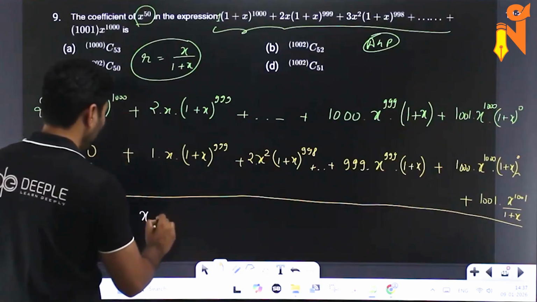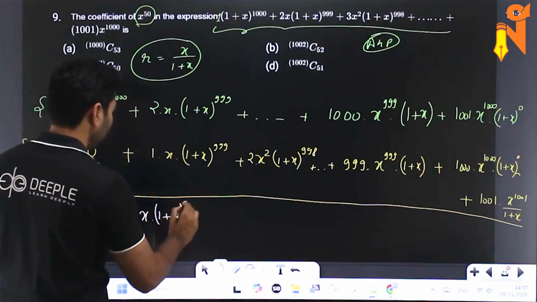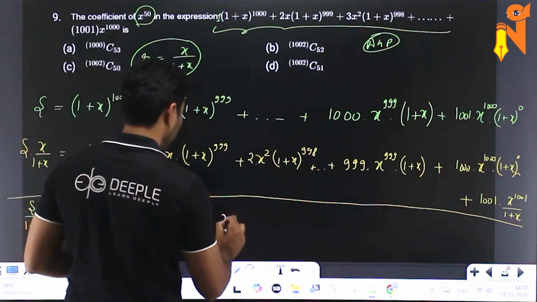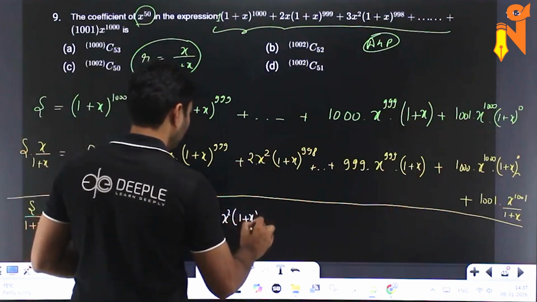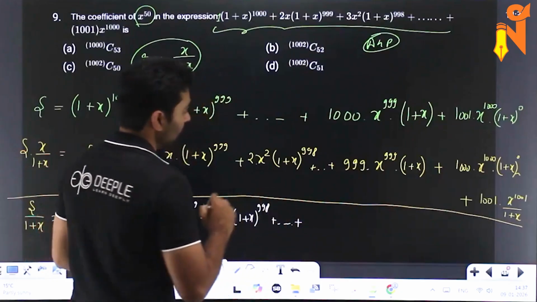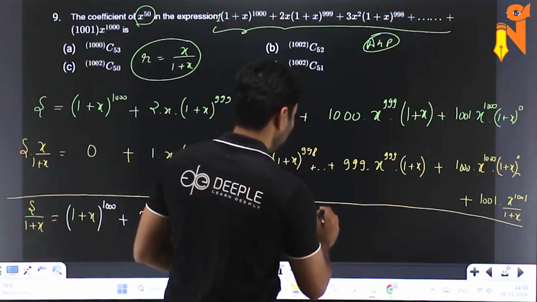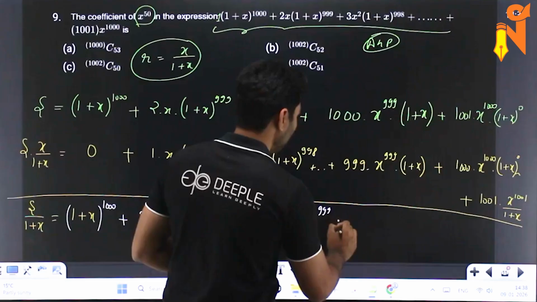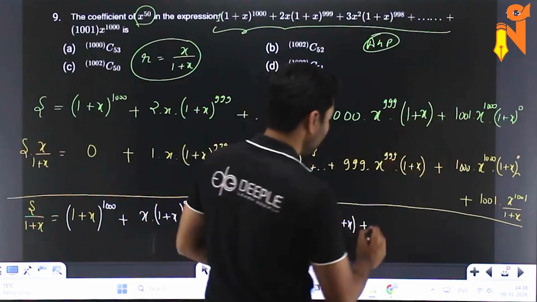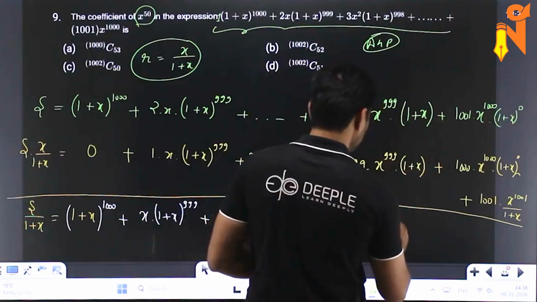So again x into (1+x)^999, plus like this, again x square into (1+x)^998, and so on. Then you will come here, then again x^999 into (1+x). Then this minus this is again x^1000.